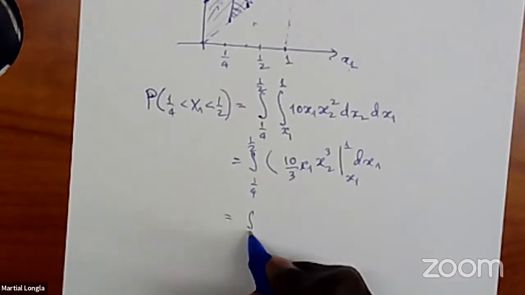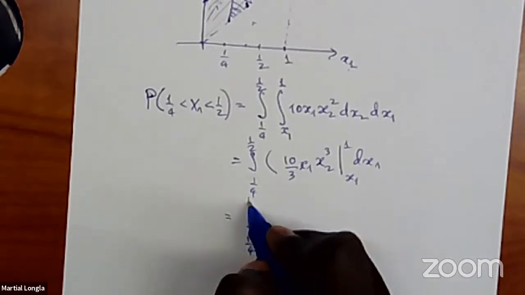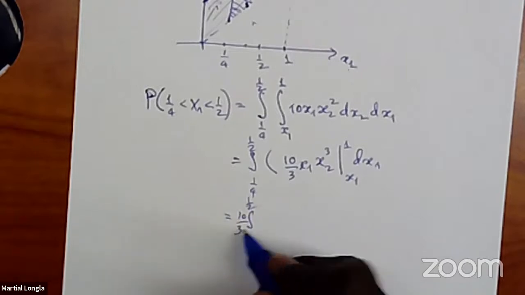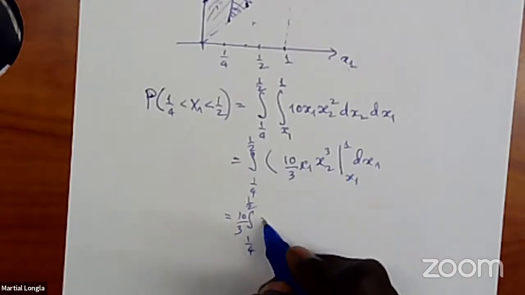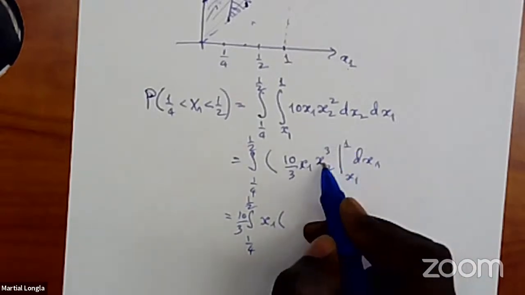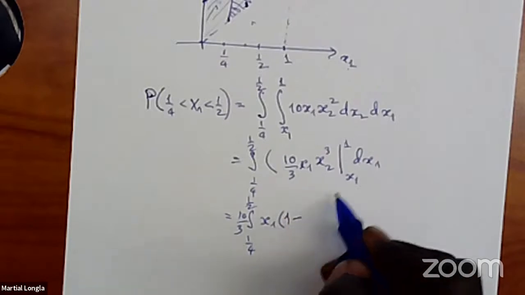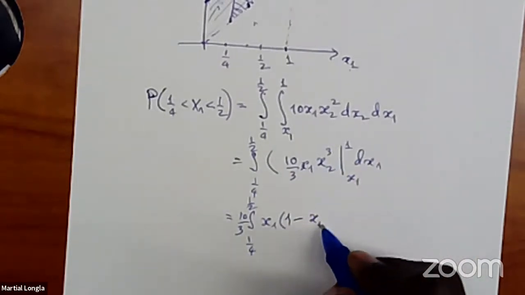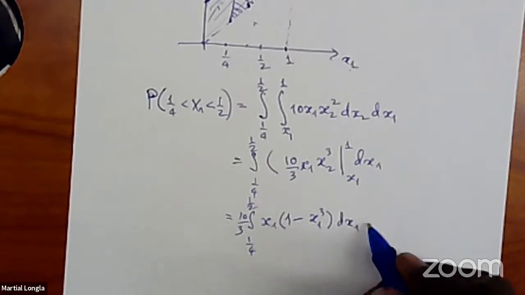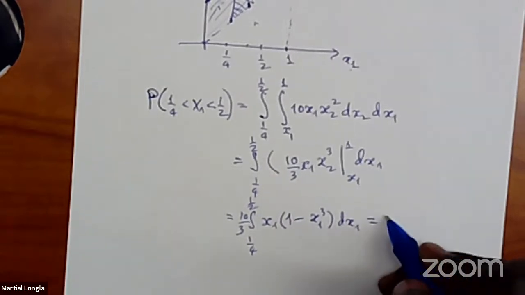So it's integral 1/4 to 1/2. We can put the 10/3 out. And x1 times 1 minus x1 cubed, which is x1 minus x1 to the 4th, which you can integrate.